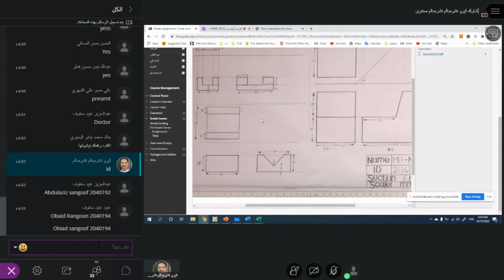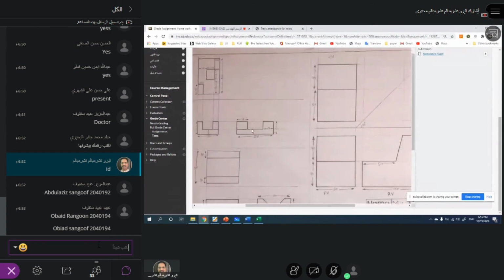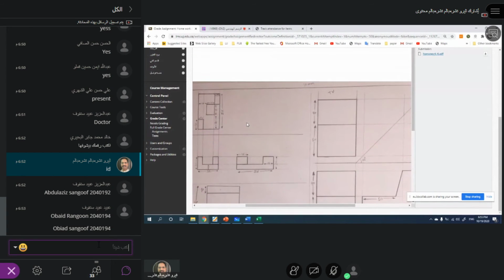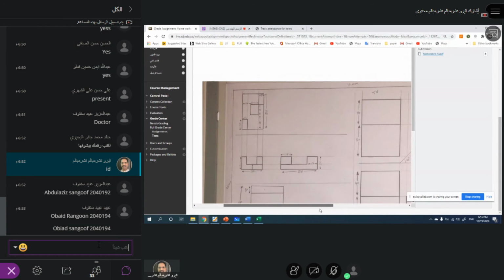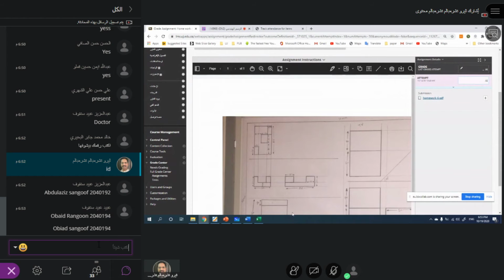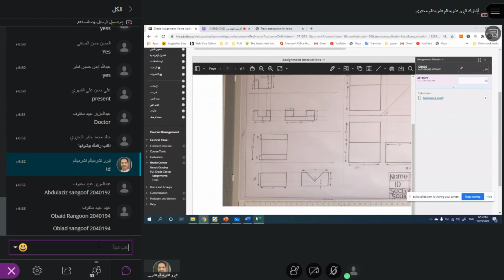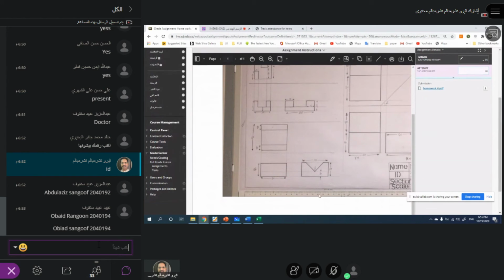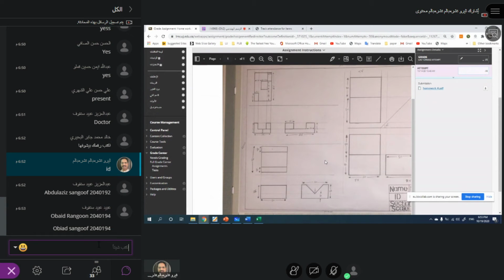Now you know how to draw the dimensions, right? So I don't have any problems with your dimensions. Don't worry. But I don't know, is it correct? How did you do this? Okay, this is correct.